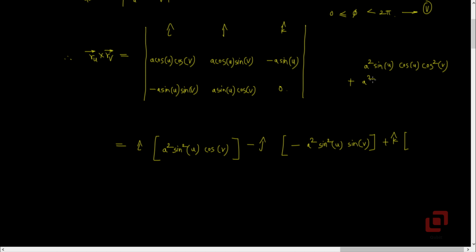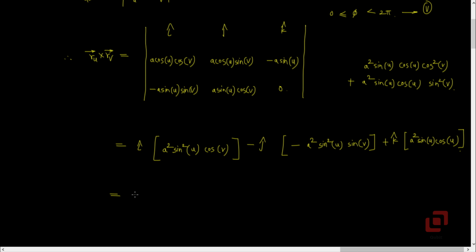So we have a squared sin u cos u sin squared v. If you add these two things, sin squared v plus cos squared v will be 1, and therefore the last term will be a squared sin u cos u.